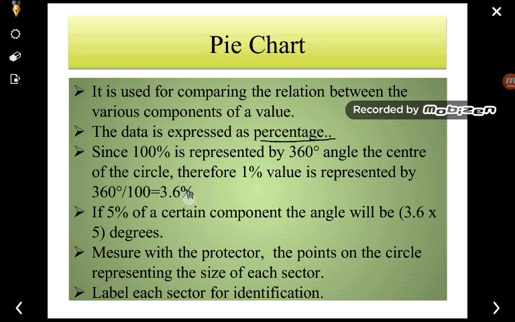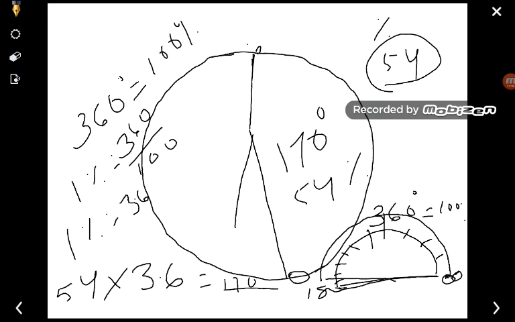It's not the percentage, it gives you the degree. So whatever percentage, 1% equals 3.6 degree. Therefore 54% will give you 54 into 3.6 degree. So this percentage is converted into degrees, and degrees can be plotted on the circle.